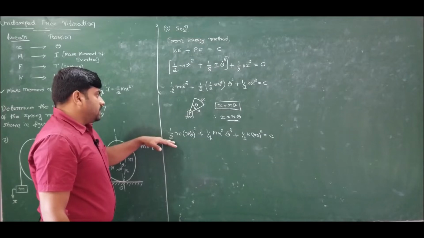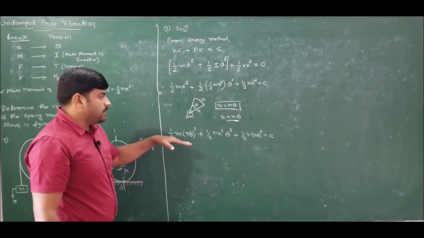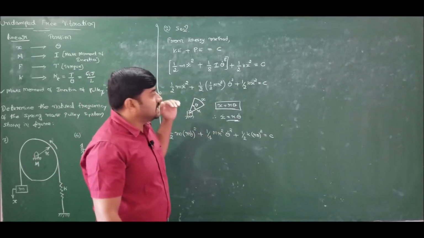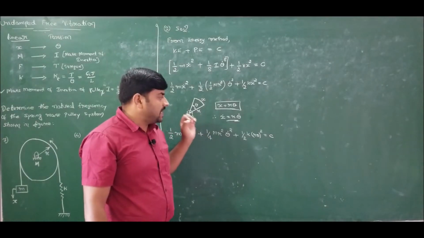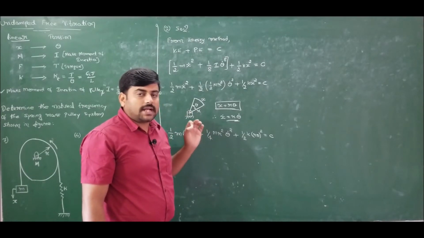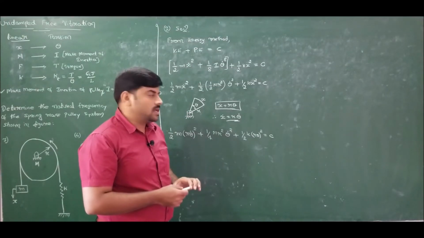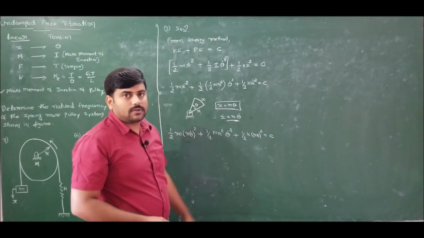Now in order to simplify it further, let us differentiate this with respect to time. Why am I differentiating this with respect to time? That is the procedure we employ in the energy method to get the standard equation for comparison and obtain the natural frequency. The standard equation is x double dot plus omega n square x is equal to 0. So in order to obtain acceleration, I want to differentiate this with respect to time.